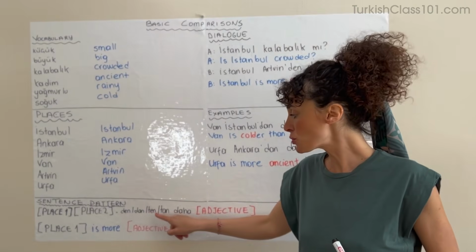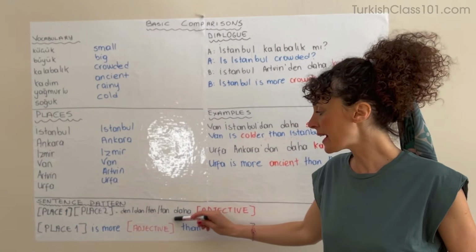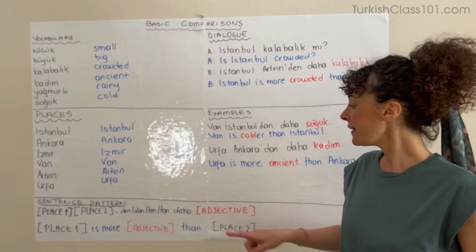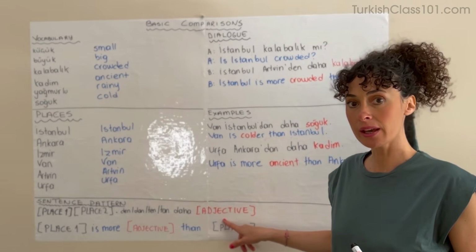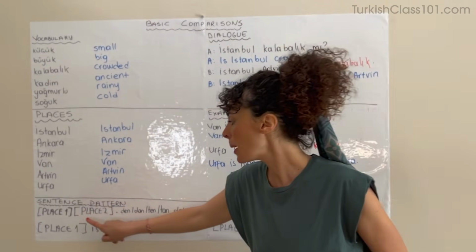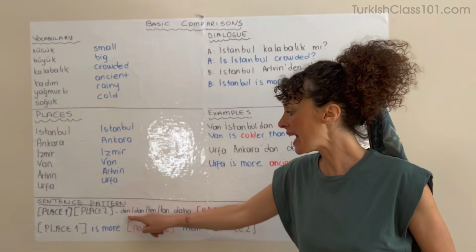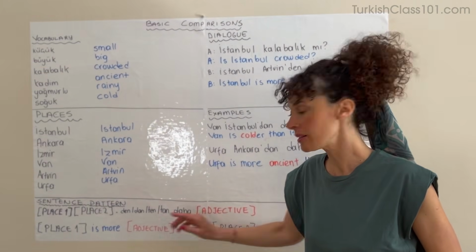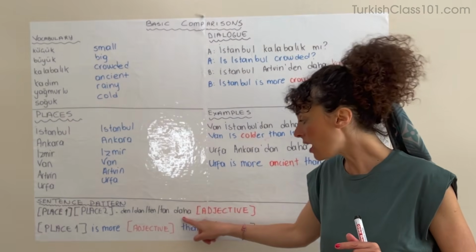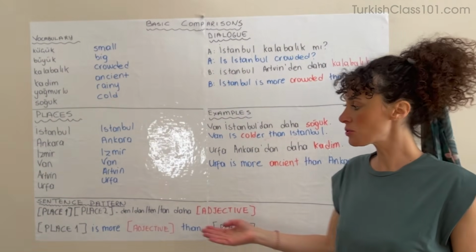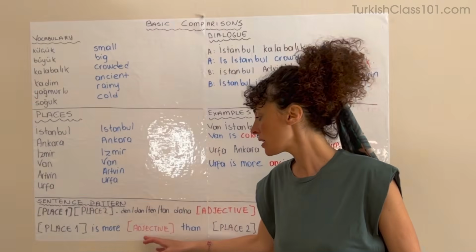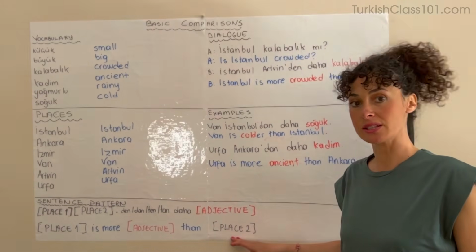After you choose one, you will use daha, and then you will put the adjective there. Okay? Place 1, place 2, then den, dan, ten, tan, one of these, daha, an adjective.